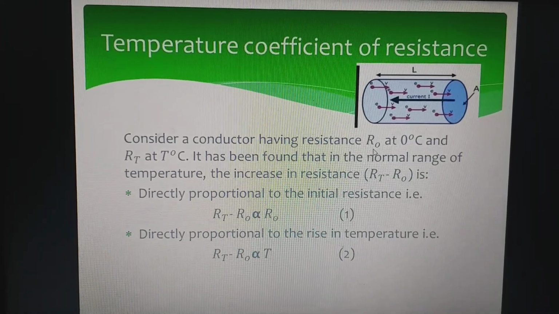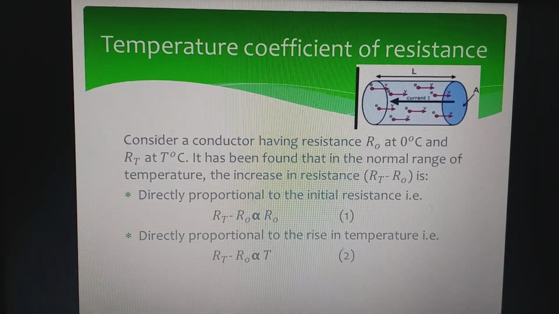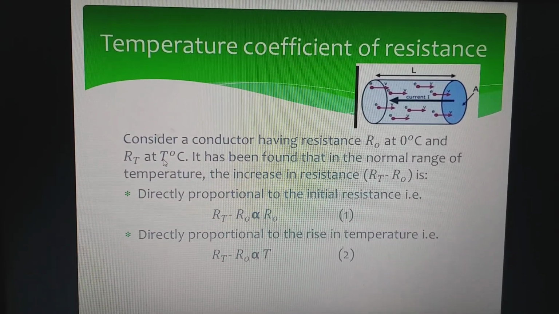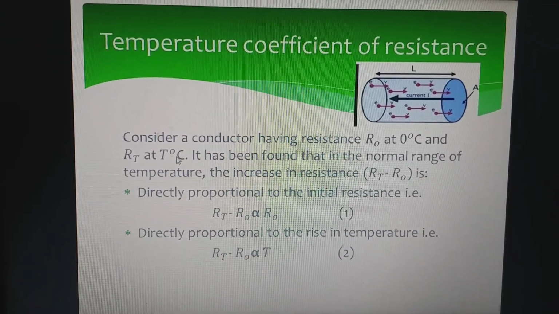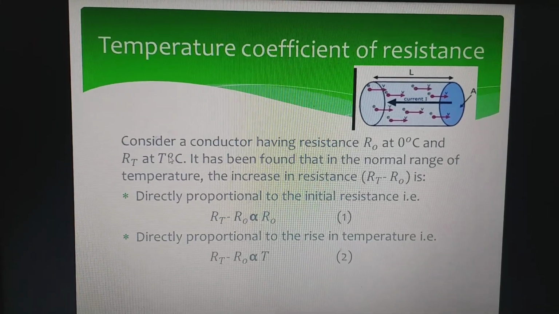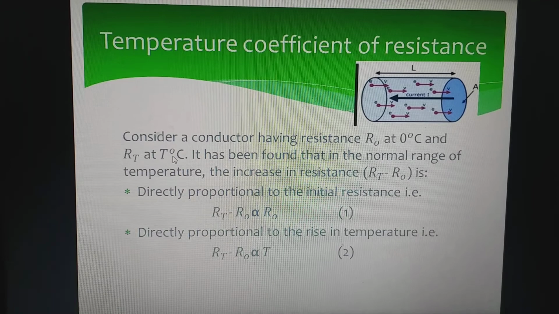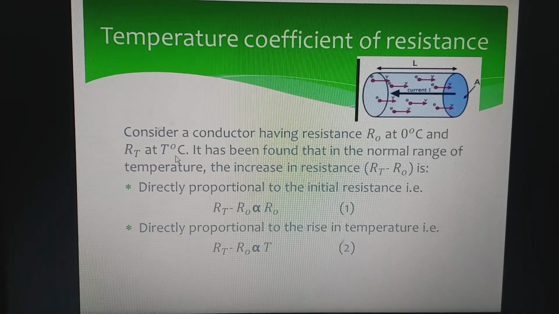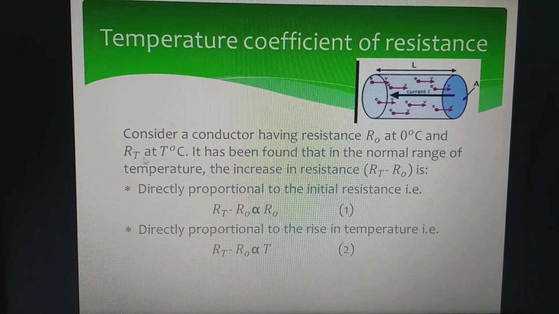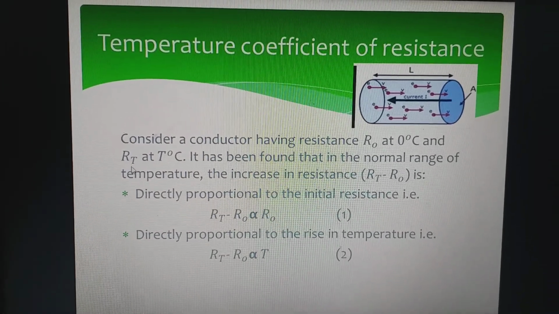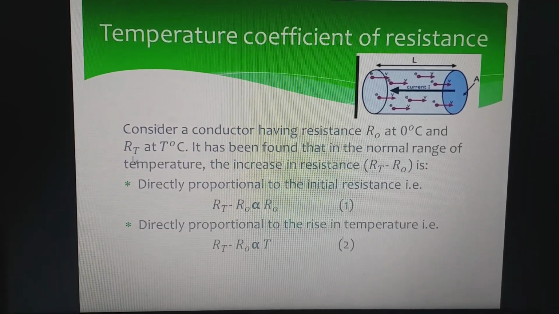And when temperature rises to any particular value, generally we call that temperature T degrees Celsius. It may be 10 degrees Celsius, 40, 50, 60, whatever. At this temperature the resistance offered by the conductor is given by R subscript T, RT.